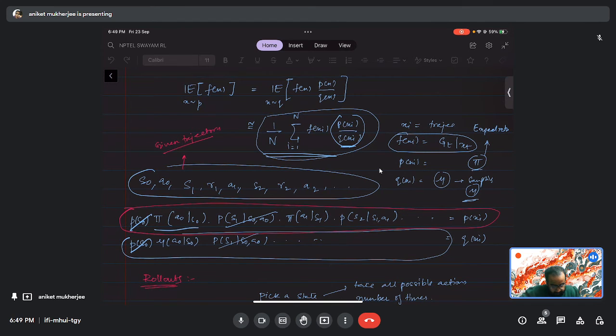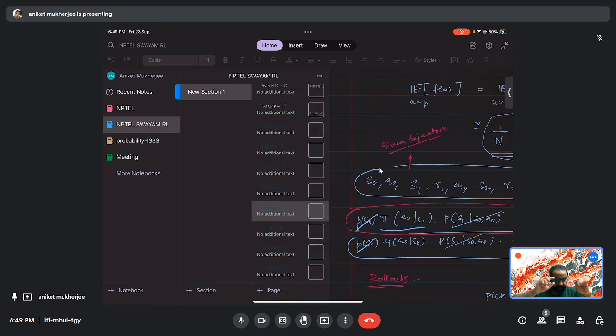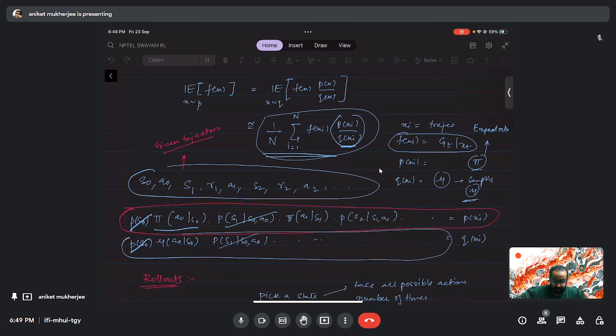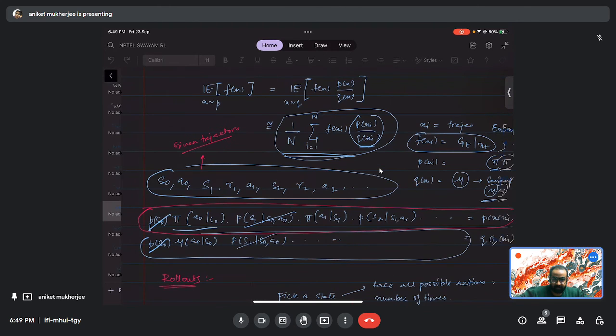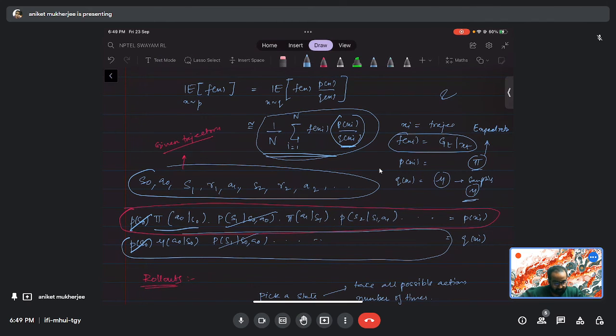So basically you're averaging, and there your f of xi would be the whole trajectory sums. So these f of xi, let me write them down here also.